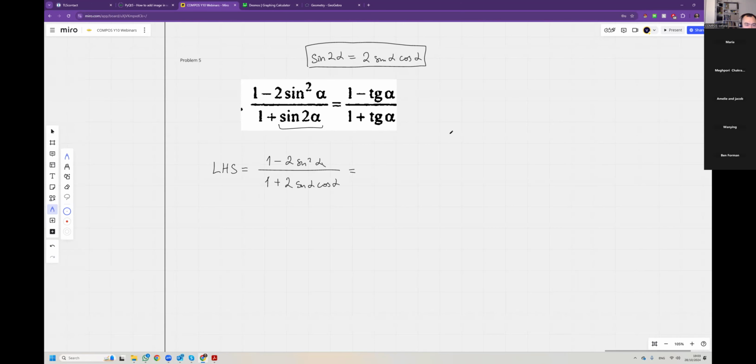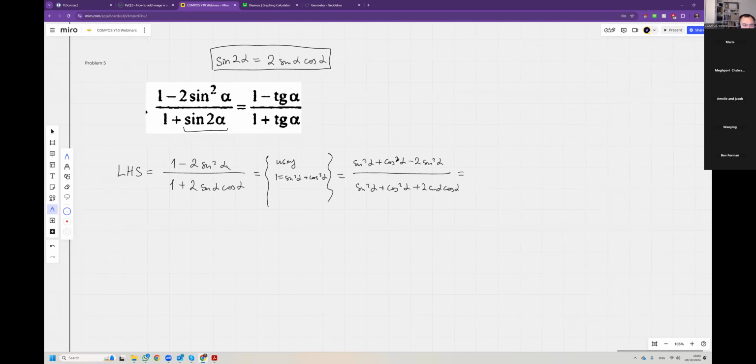I replace 1, using 1 equals sine squared alpha plus cos squared alpha. I do sine squared alpha plus cos squared alpha minus 2 sine squared alpha. So I just replaced 1 with sine squared alpha plus cos squared alpha, divided by sine squared alpha plus cos squared alpha plus 2 sine alpha cos alpha.